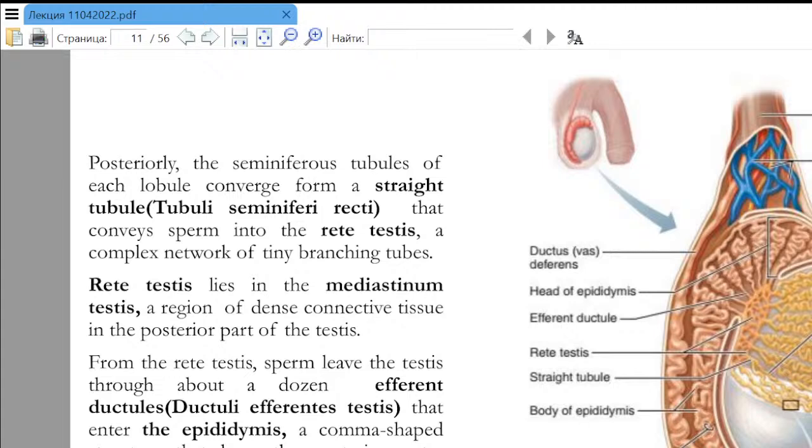From the rete testis, sperm leaves the testis through about a dozen efferent ductules, ductuli efferentes testis, that enter the epididymis.